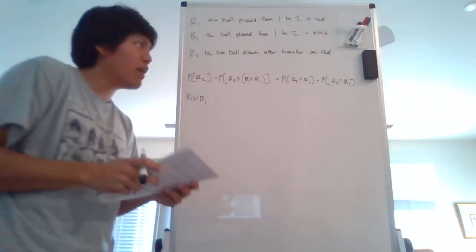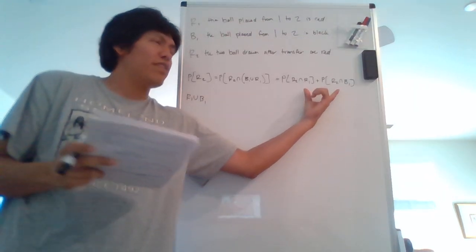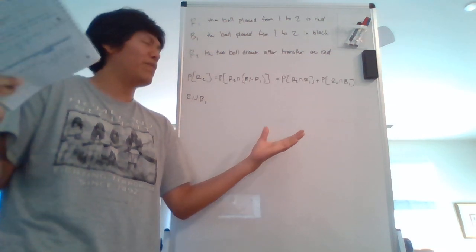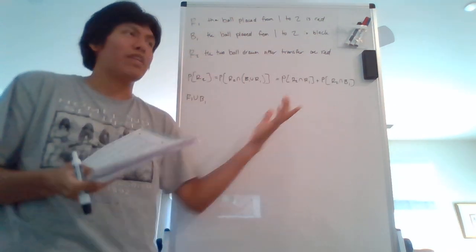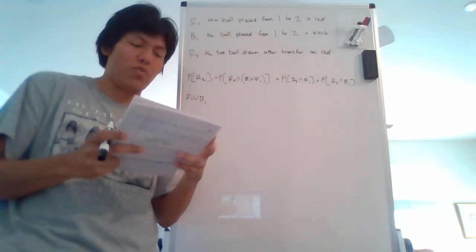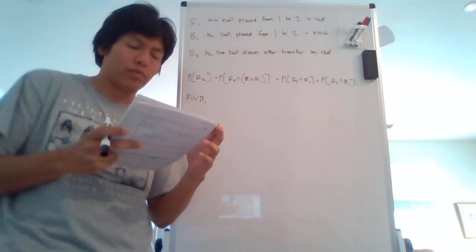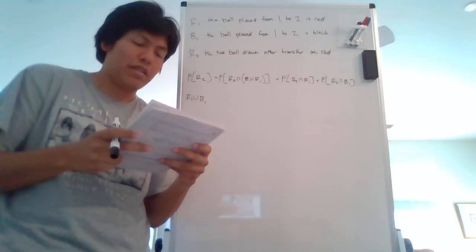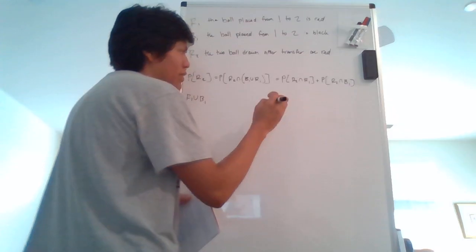Okay. And how do we find intersections? Well, we've already seen this a million times already. We can use conditional probability to do that. And what do I mean by that? I mean, we can rewrite this out even more, right?